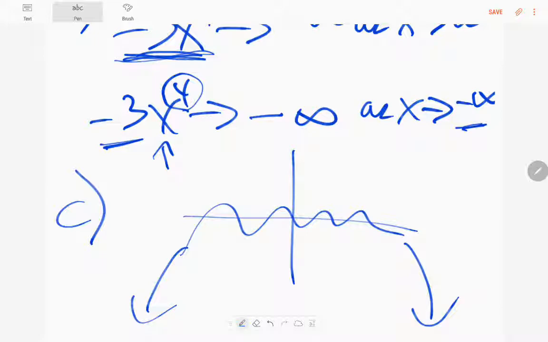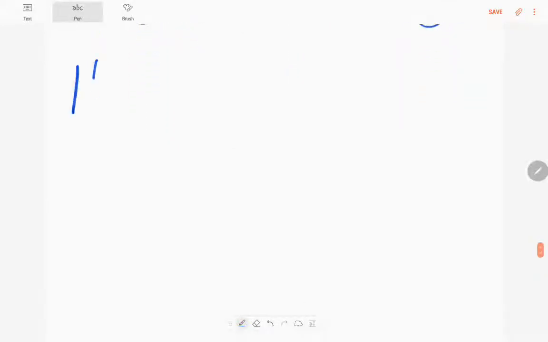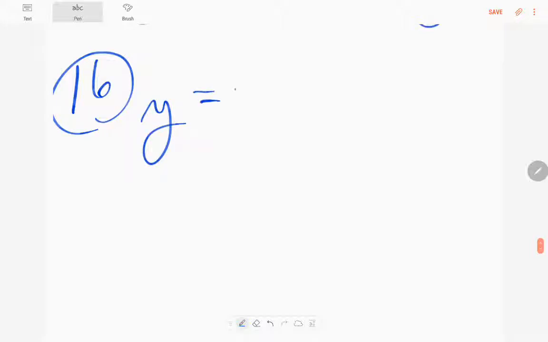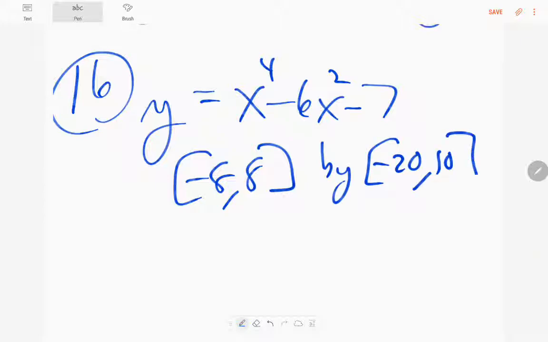Let's do number 16. It says that we're supposed to graph this function on that viewing window.